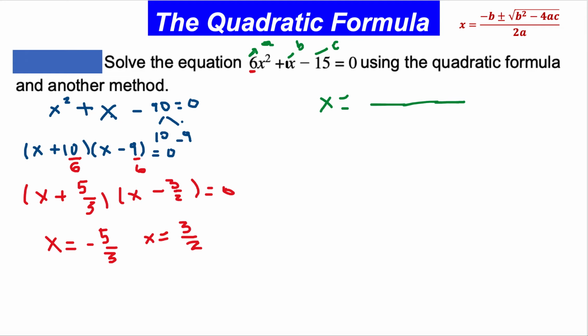Now I'm taking these coefficients and plugging them into the formula. Here it is minus b, but b is 1, so minus 1, plus or minus the square root of b squared, which is 1 squared, and 1 squared is already 1.